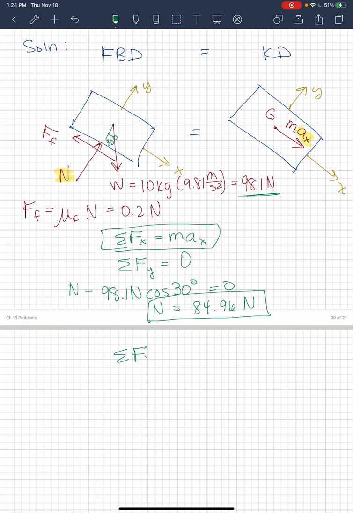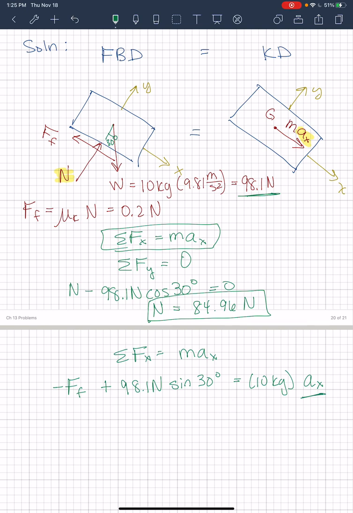Now we can go back to this equation. Sum of the forces in the x direction equals max. So look at the free body diagram to get the forces in the x direction. We have negative force of friction. The normal force is all in the y direction, and then the weight is in the positive direction, so 98.1 newtons, and then we want just that y component, so sine of 30 degrees, is going to equal the mass, 10 kilograms, times a sub x, and we're looking for that a sub x.